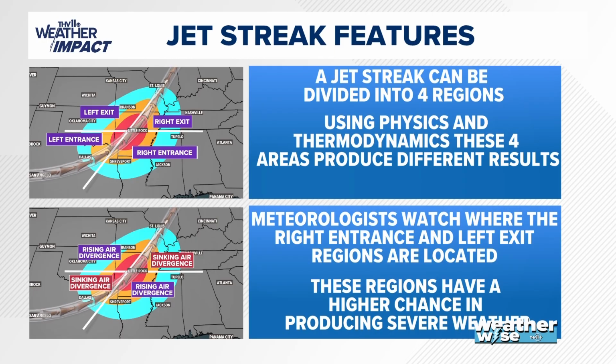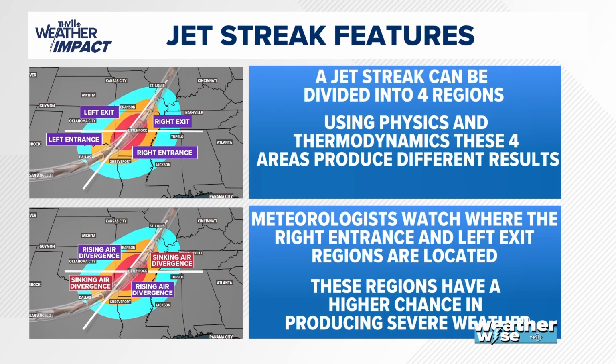So when we break this down even more, you see at the bottom panel right there, the right entrance and the left exit regions are going to be the regions that have a higher chance of rising air, and air that could lead to severe weather potential.